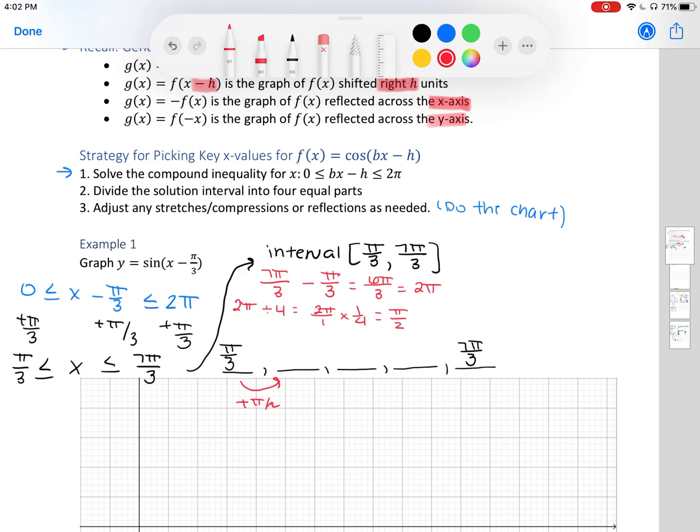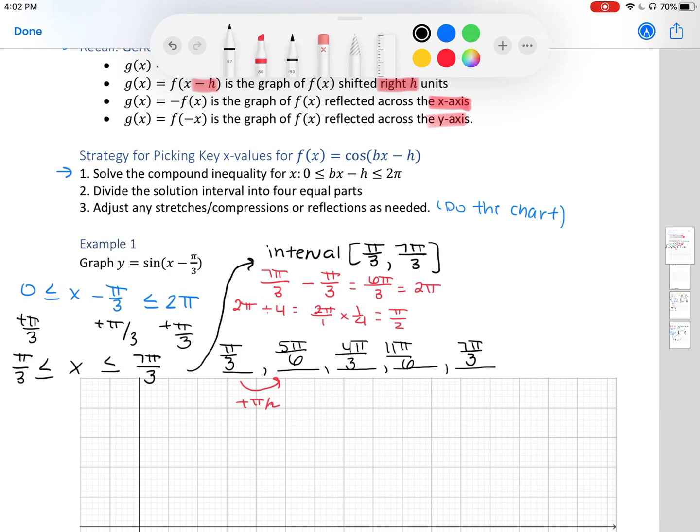So pi over 3 plus pi over 2 gives us 5 pi over 6. If I add pi over 2 again, that gives me 4 pi over 3. And if I add pi over 2 again, I get 11 pi over 6. Okay, so let's go ahead and find these values.